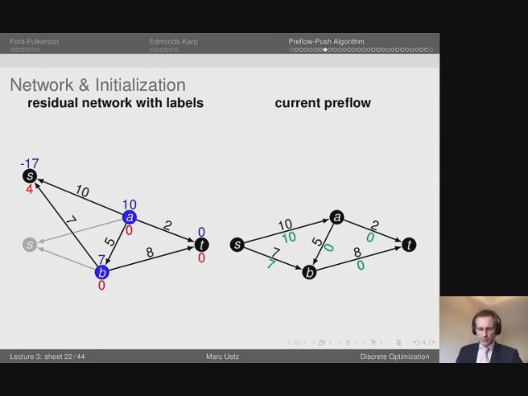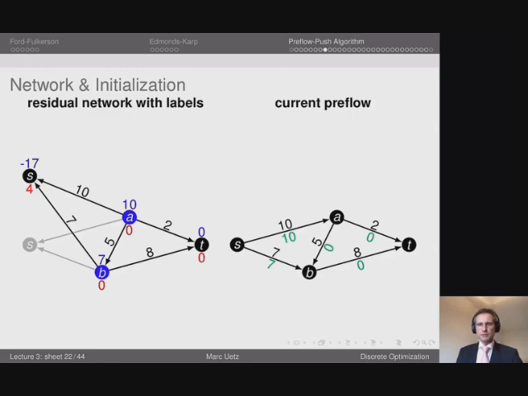And now what I'm going to show on each of the slides is the possible actions that the algorithm might perform and the one that the algorithm actually performs. So what I mean is the following. So what would be the first thing that could happen? We always choose an active node and try to push flow out of an active node.